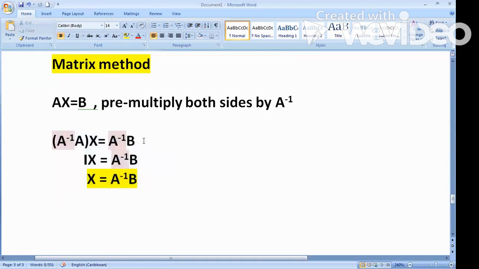Let us call this step 1, this step 2, and this step 3.